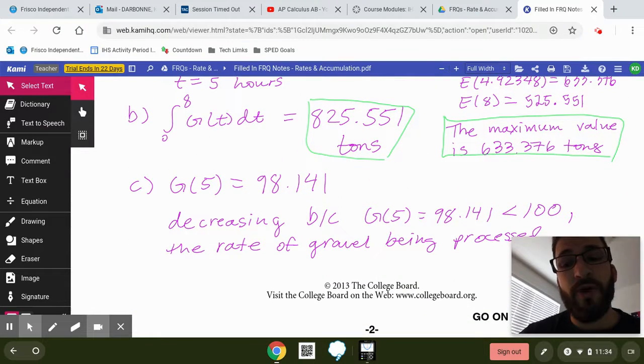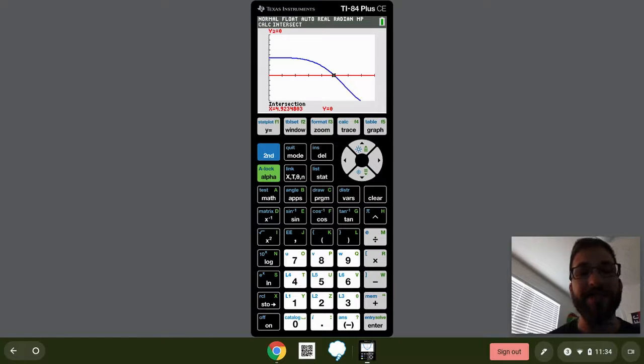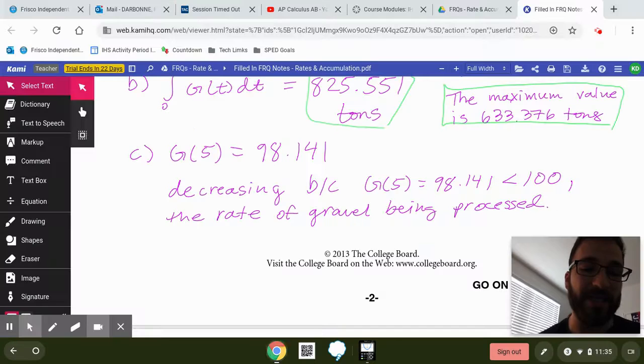So we got 98.141, and then the rate of it being processed was 100. Since the rate of it arriving was less than the rate of it being processed, the amount of gravel was decreasing, which when we go back to our calculator where we put those two equations in together, we can see that our maximum of the amount in the plant is at 4.92. Does it make sense that it goes down over time? Yeah, of course, because as we get past that, into the 5s, our equation goes under. Our equation is negative, so it is decreasing over time.